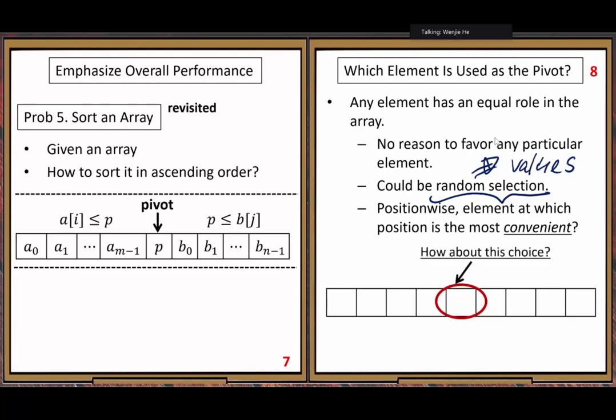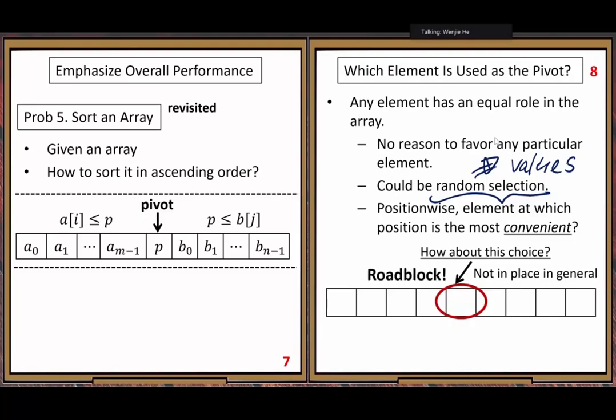For this position, it is not in place, right? When you randomly select an element in the original array, in general, this element won't be in place. If it is not in place, then you have to do some work to make it in place.